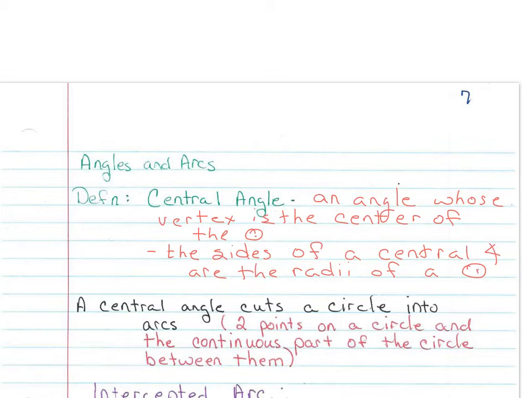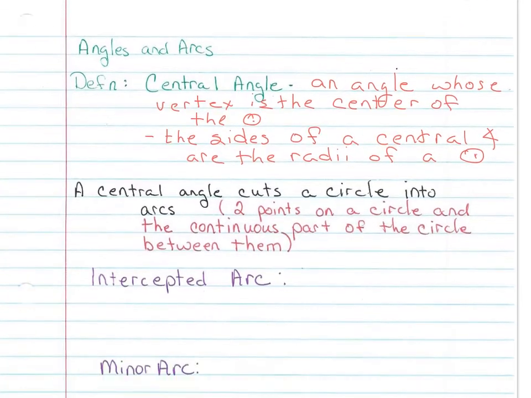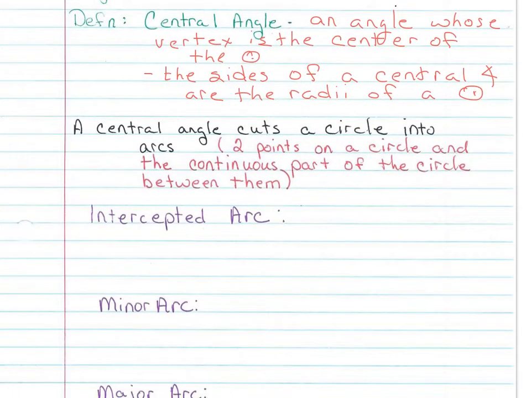So the central angle intersects the circle. It cuts the circle into two arcs. And an arc is just two points on a circle and the continuous part of the circle between them. When we talk about an intercepted arc, it's in the interior of the angle.